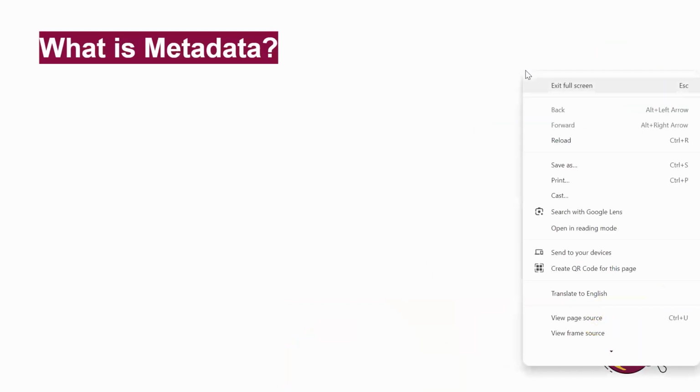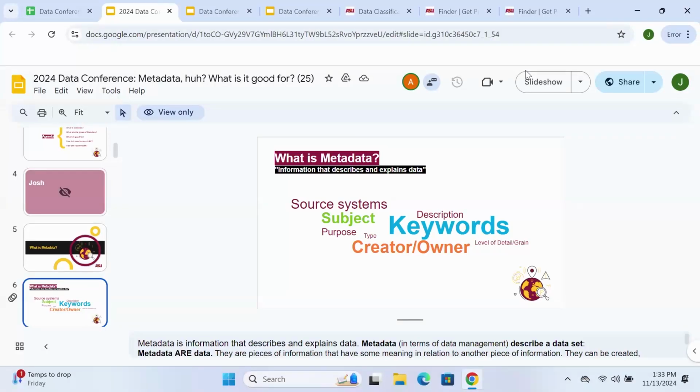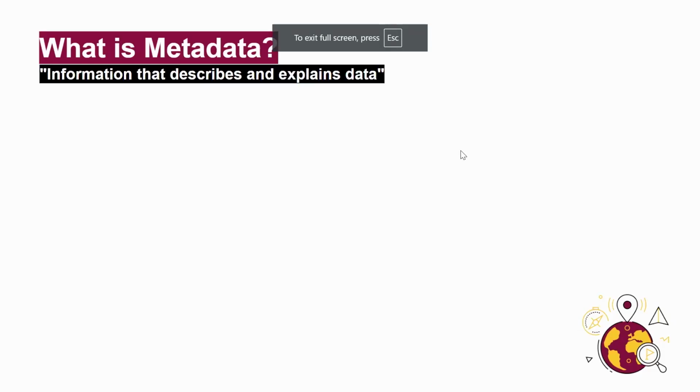A lot of times you'll hear metadata described as data of data. Generally, what we prefer to think is information for data. So it's not data about data, it's information about data.